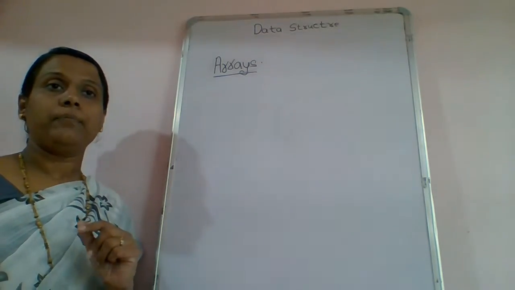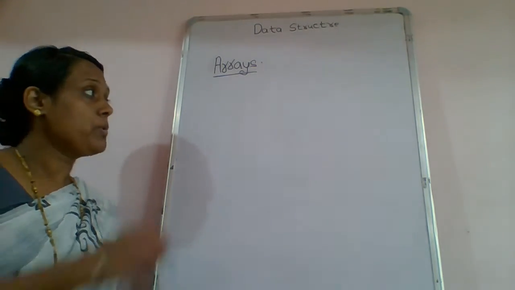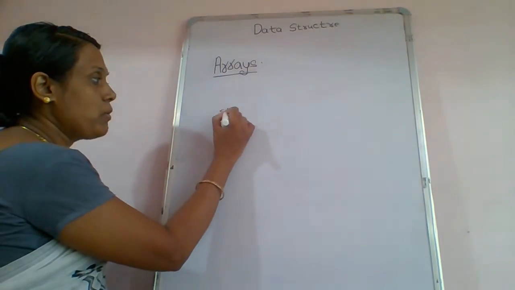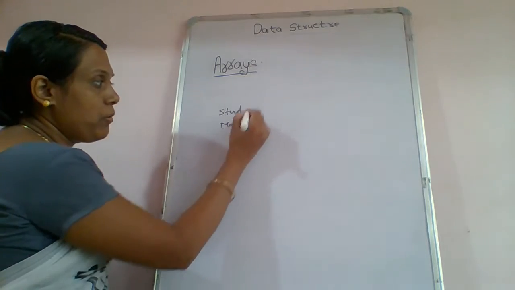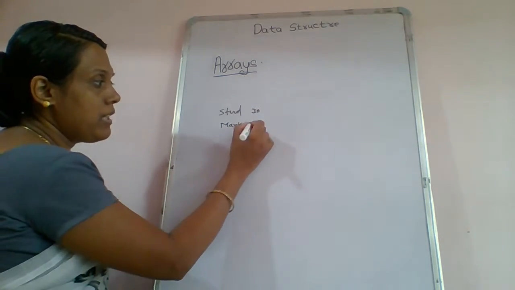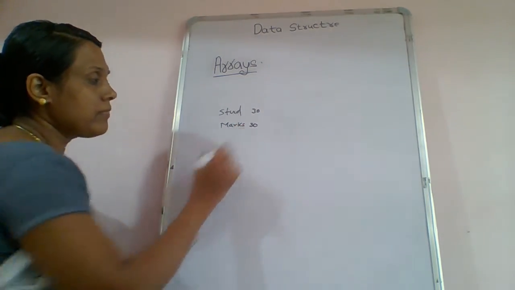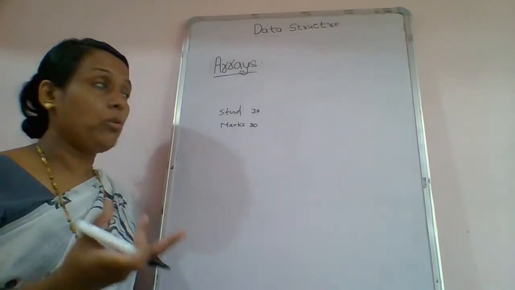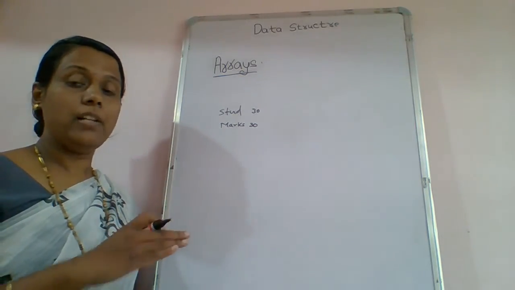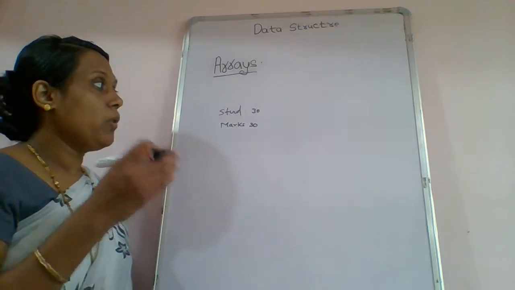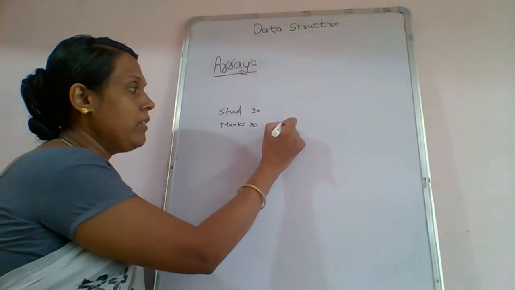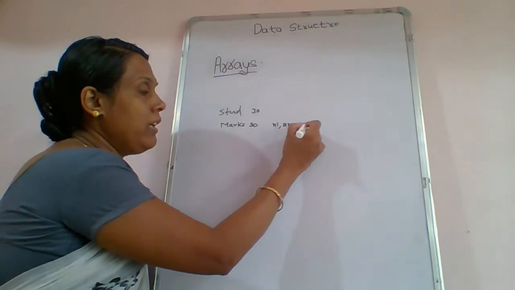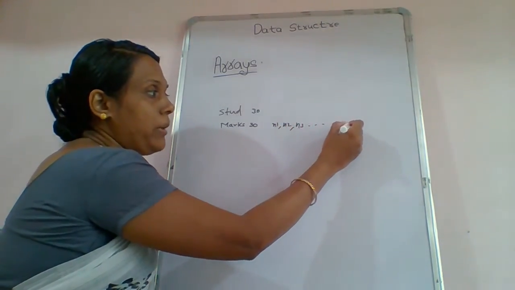For example, if we want to store the marks of 30 students, that is 30 students and their marks. If we store these marks normally, by declaring variables, then we have to declare n1, n2, n3, up to n30.